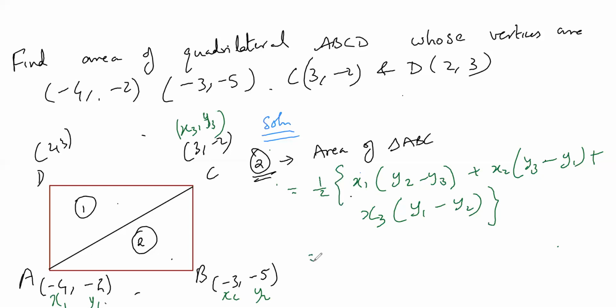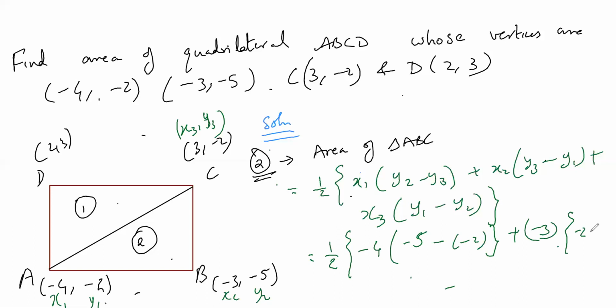So now what is my x1 value? Half, let it be there itself. It is -4. And what is my y2 value? -5. And y3 value is -2. Plus x2 value, which is -3, into -2 minus -2, plus 3 into -2 minus -5.